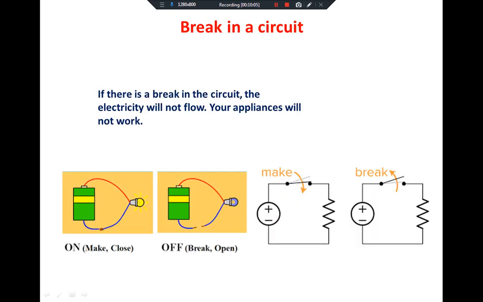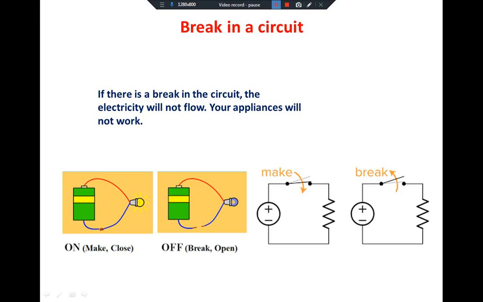If there's a break in the circuit, you have a circuit and there's a break in it, the electricity will not flow. Your appliances will not work. As you can see in the two pictures you have in front of you, from the very first one, the current has been made and it's a closed circuit, which means it's closed and it's working, it's not an open circuit.